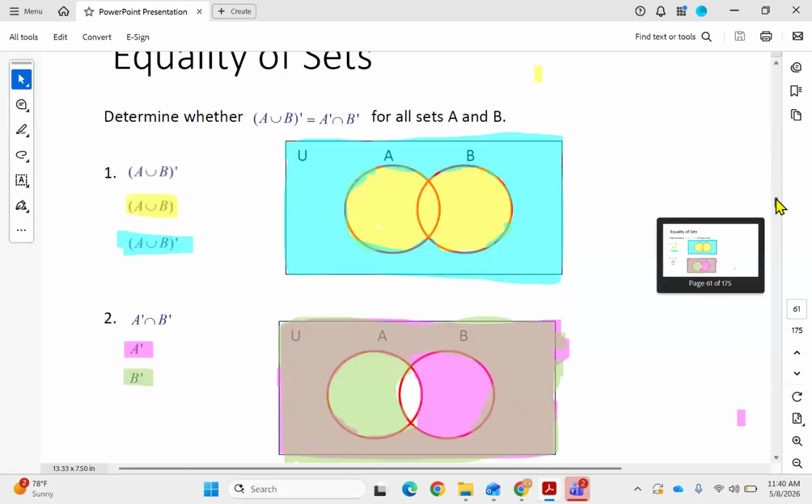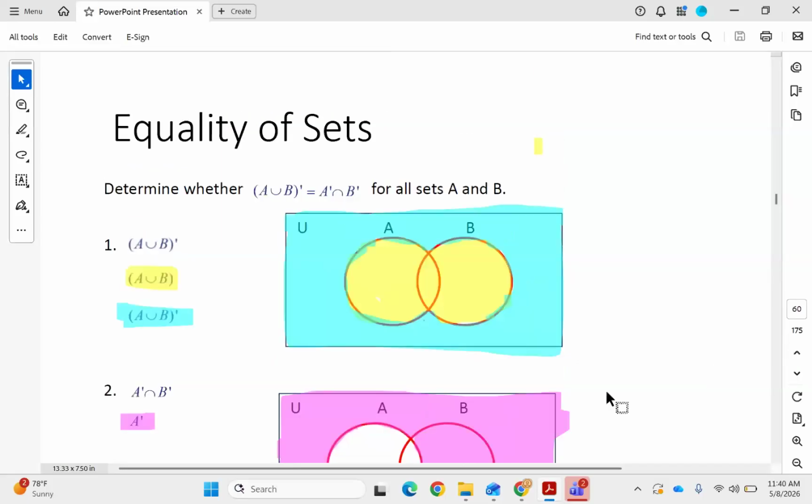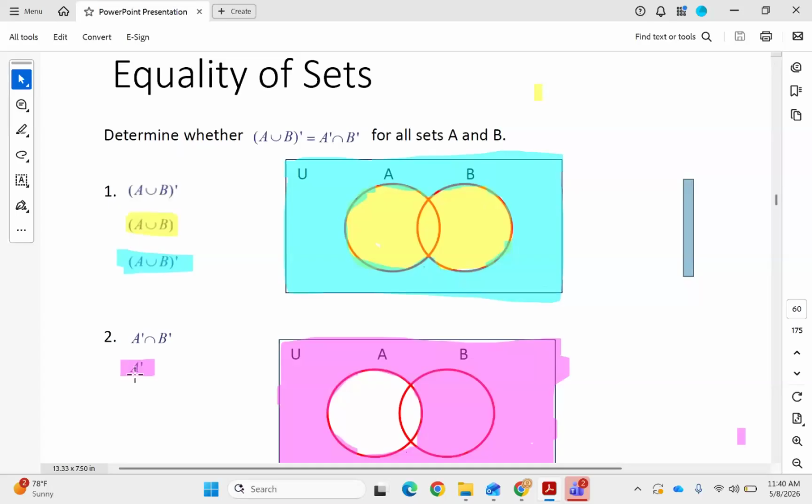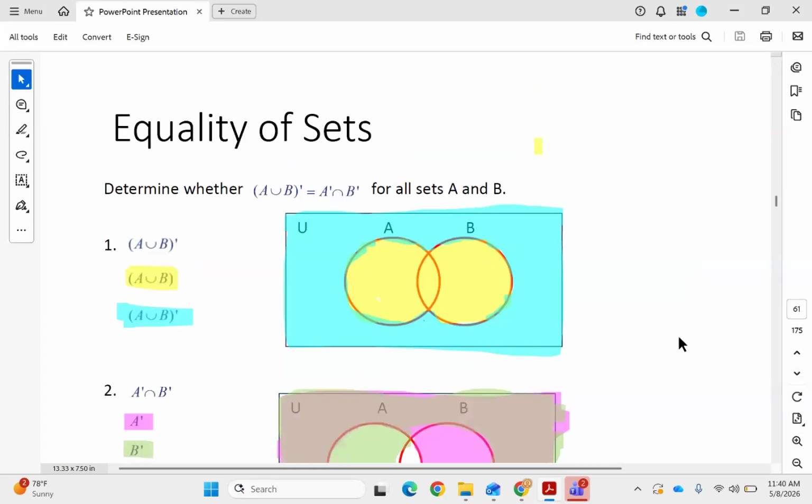And the set on the right is actually, let me see, the set on the right, you start with the complement of A, and then you do the complement of B, which I have now in yellow, in green.